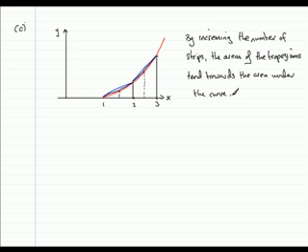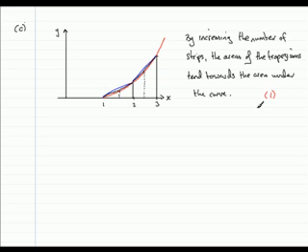Okay, so by increasing the number of strips, the areas of the trapeziums tend towards the area under the curve. So hopefully you've got something along those kind of lines, and maybe a diagram just to try and illustrate that, and if you did, give yourself 1 mark.